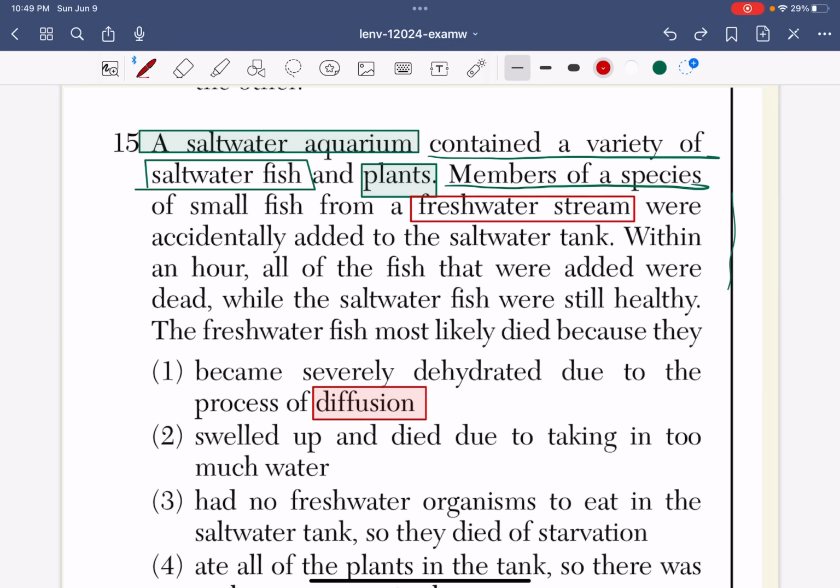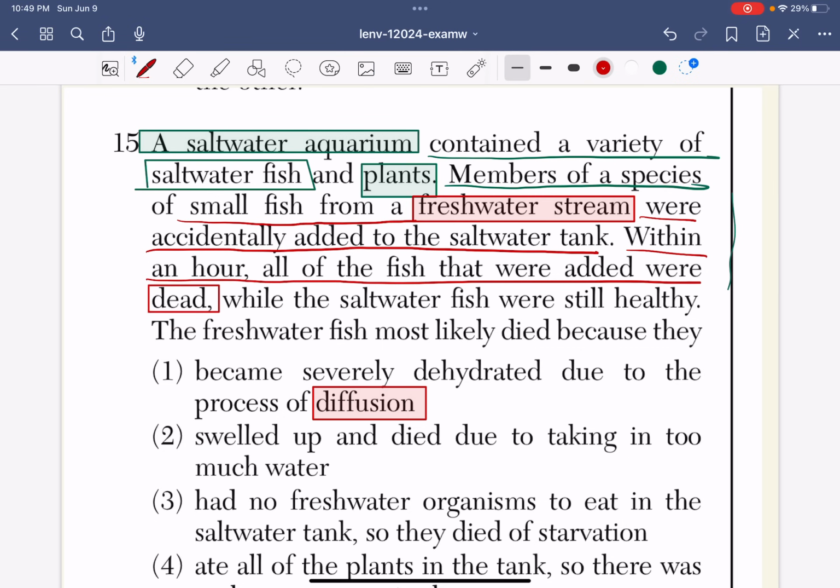Okay, so they're introducing a species, small fish from a freshwater stream, that were accidentally added to the saltwater tank. Whoops. Within an hour, all of the fish that were added were dead. Which ones were dead? The freshwater fish died when they were put in the salt water, while the saltwater fish were still healthy, of course, because they're in their normal habitat.